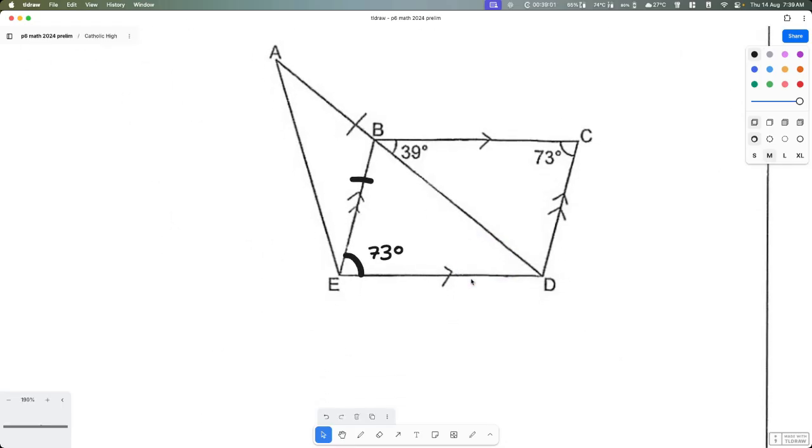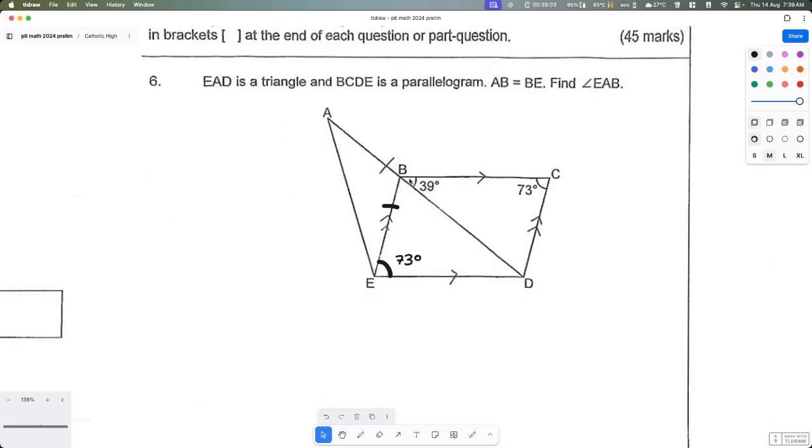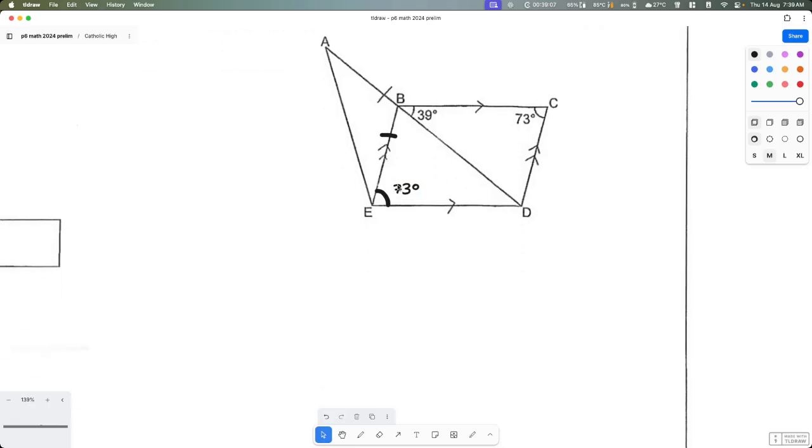Okay, so to find CBD is 39, sorry, BEBD, right? So I'll just put here angle BED and BCD. Angle BCD is equal to angle BED, which is also equal to 73 degrees, right?